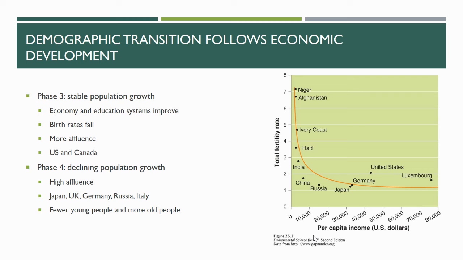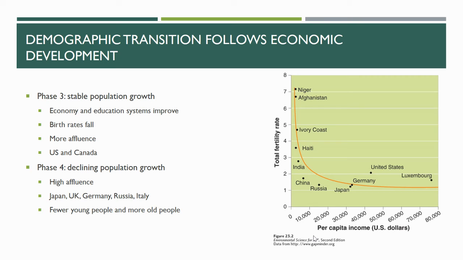The other reason is because in some of these places that are developing countries, they have a higher rate of infant and child mortality. So a woman will have more offspring in the hopes that a number of them are able to live to adulthood.